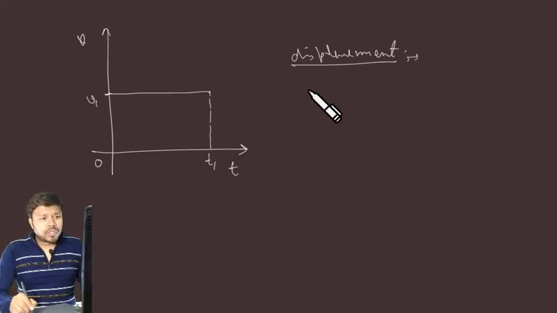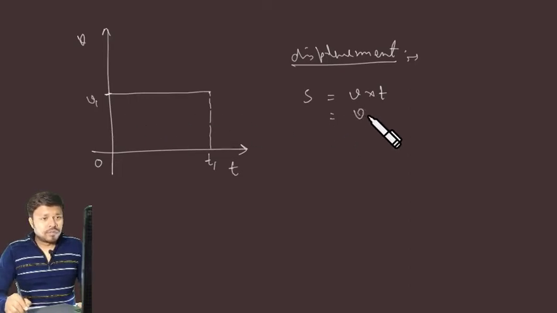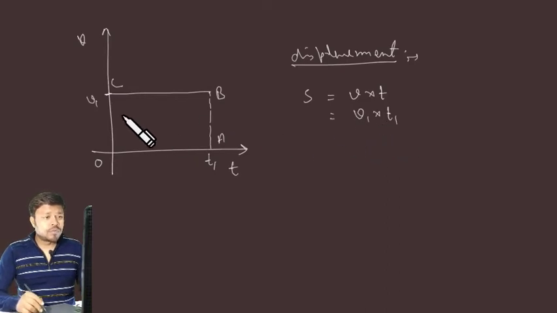What do you know about the displacement? s equals, for a uniform motion of the body, velocity into time, right? In this graph, what is that? v1 into t1. All right. Now, if we consider this rectangle O, A, B, C, then for this rectangle, what is the meaning of v1 into t1? v1 is OC.